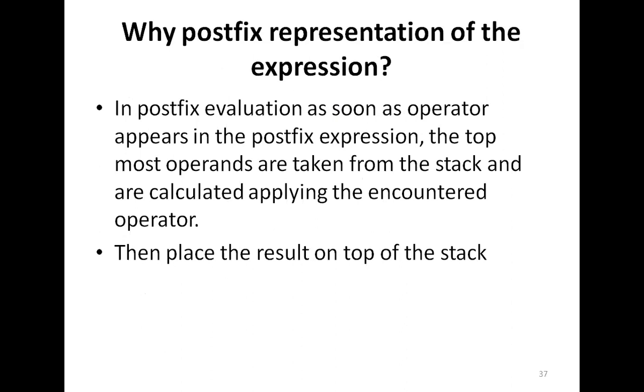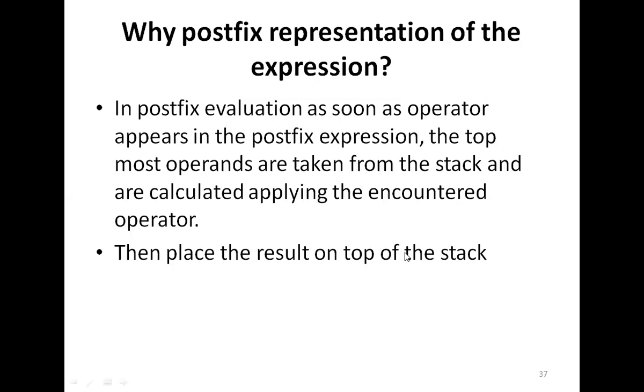So you scan from the left side, and all the operands you insert into the stack. Whenever you encounter an operator, you take the two topmost operands from the stack, apply that operator and get the result, and again insert that result back into the stack. This way we can evaluate the postfix expression. We will discuss this in more detail later. So with this I stop here.